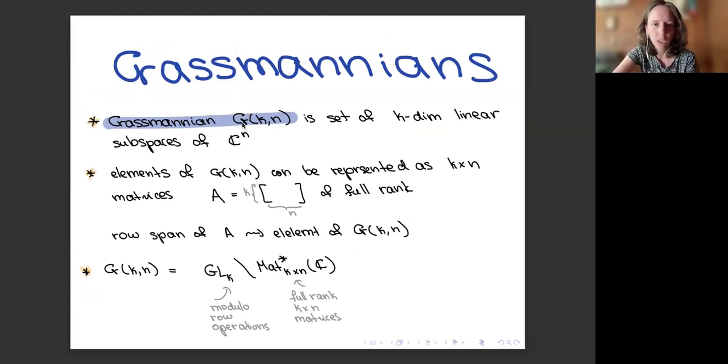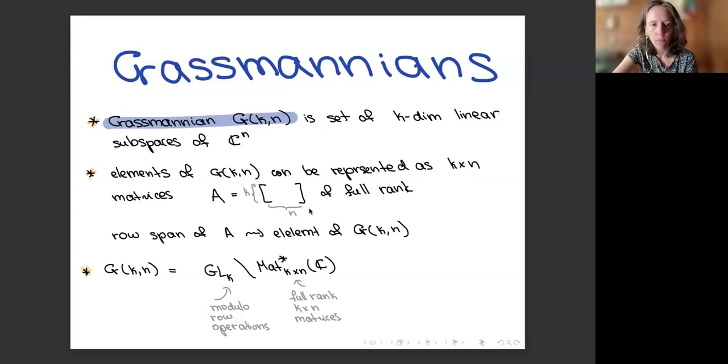The Grassmannian, which I'm going to denote by Gr(k,n), is by definition the set of k-dimensional linear subspaces of C^n. Linear algebra. A convenient way to denote elements of the Grassmannian is as k by n matrices, with k rows and n columns.